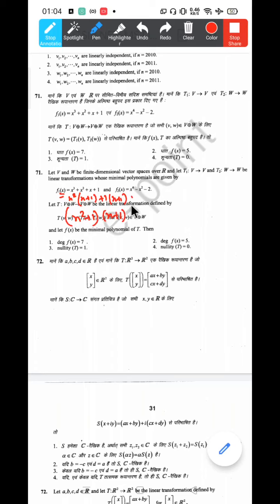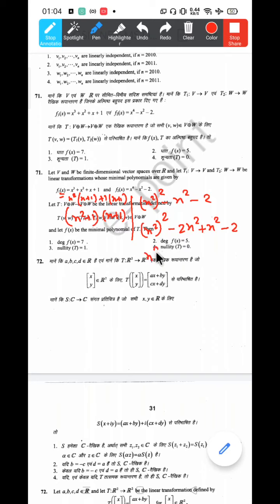What about this? X square minus 2 x square plus x square minus 2.